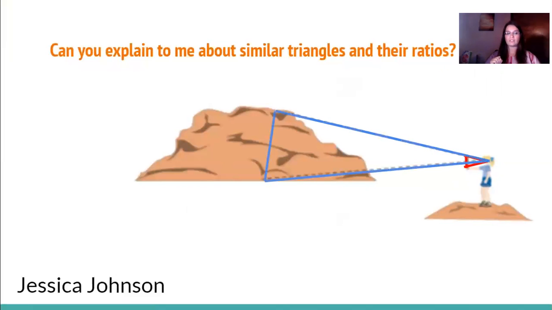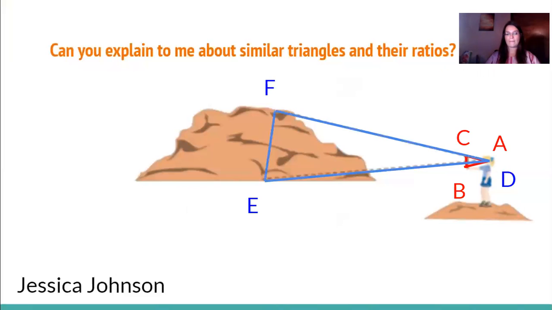As far as the ratios go, let's start by labeling the triangles. What is important is to label and name the angles that correspond together. Let me show you. Label the smaller triangle ABC. Label the larger triangle DEF. That gives me triangle ABC corresponds with DEF. Okay, I see what you did there.